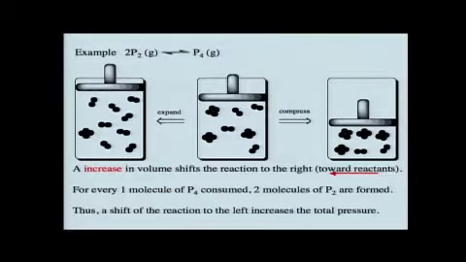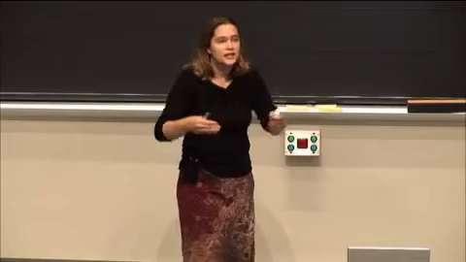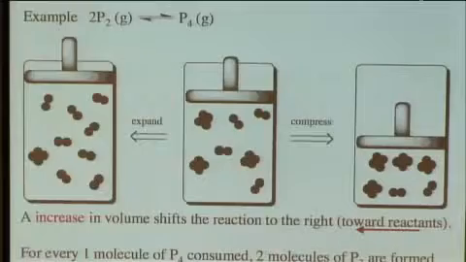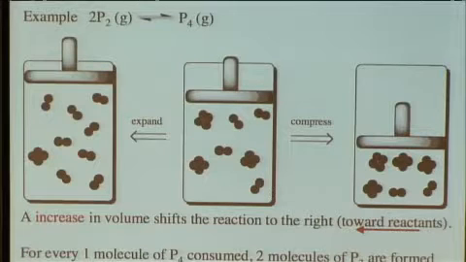And what that's going to do is shift toward reactants, because we want to compensate for that decrease in pressure. And to do that, we can increase the pressure by shifting the reaction toward the reactants. So again, we're going from 1 mole of product on one side to 2 of the reactants.